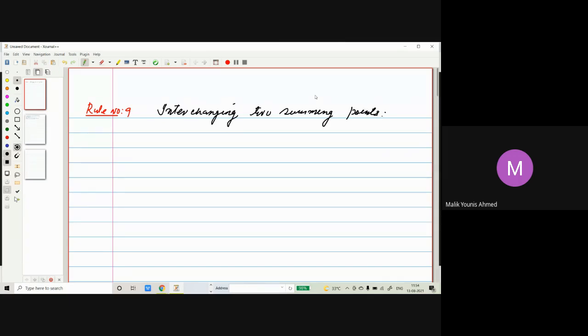How do we get them interchanged? Let's see. Let's say this is one of the summing points and this is another summing point.